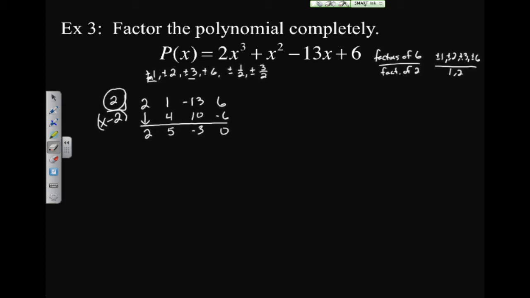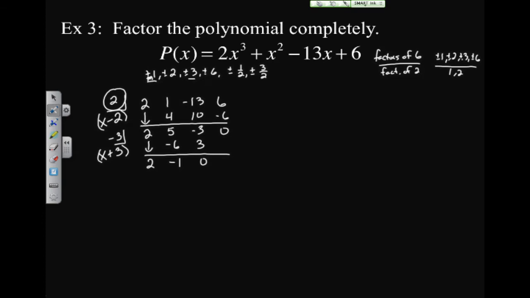And let's go with negative 3. We'll try that. So negative 3, bring this down, you get a 2. 2 times that is negative 6. That gives you negative 1. Times that is a positive 3, and that is a 0. So that will work. Since negative 3 is a solution, x plus 3 is the factor that goes with that.